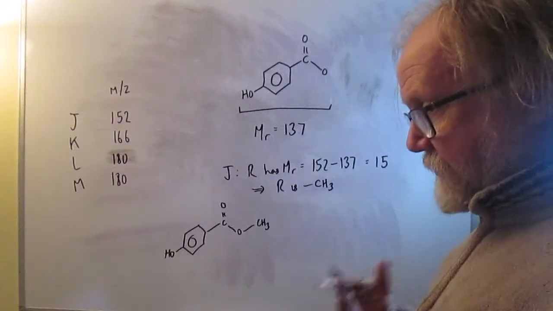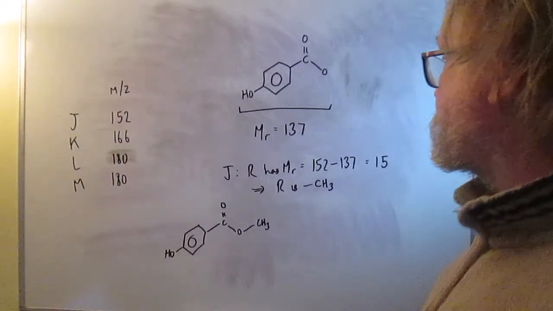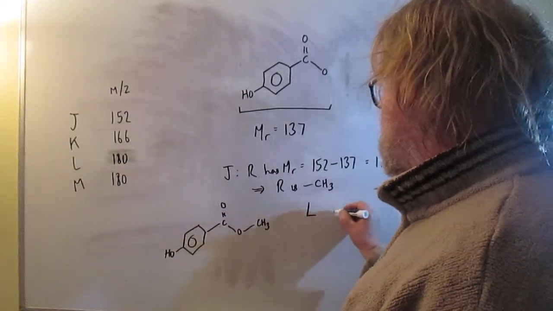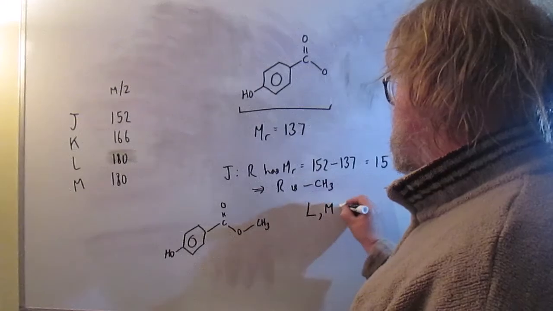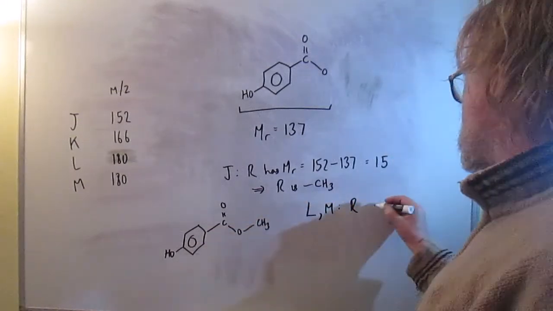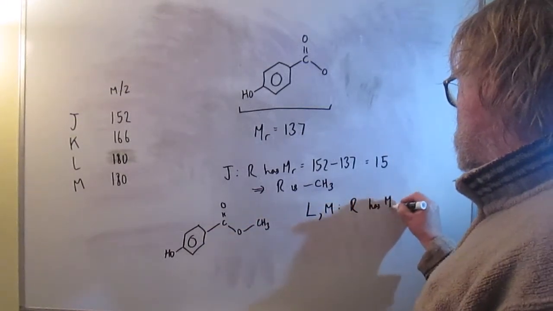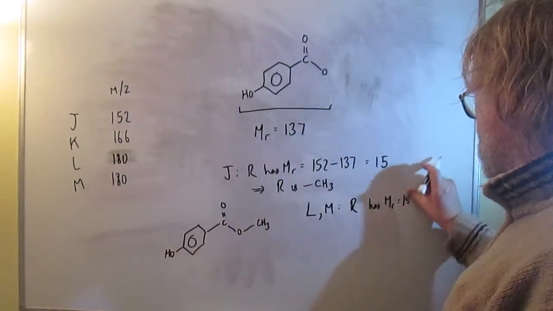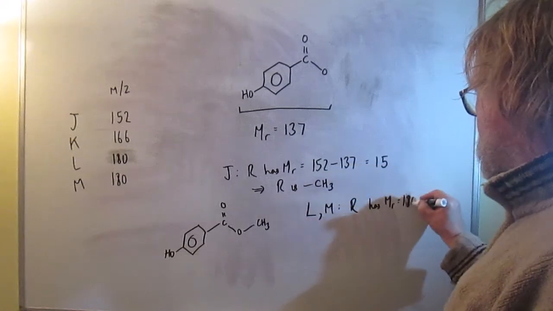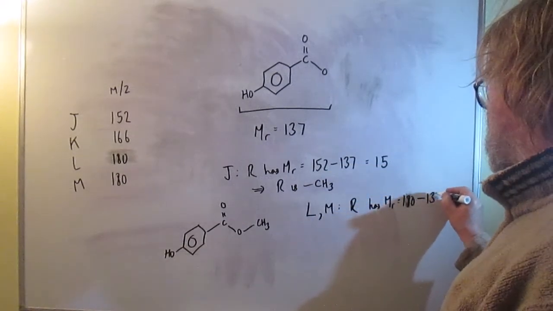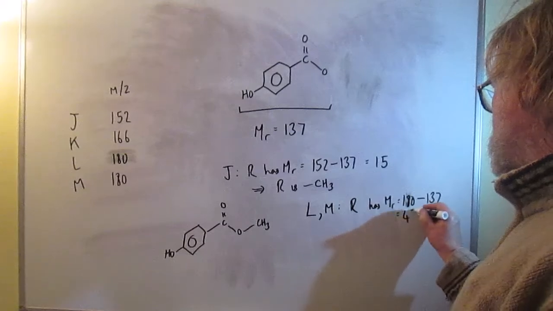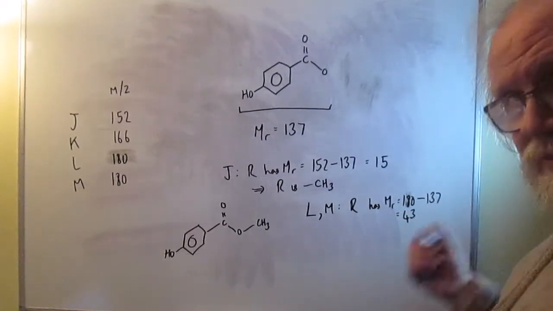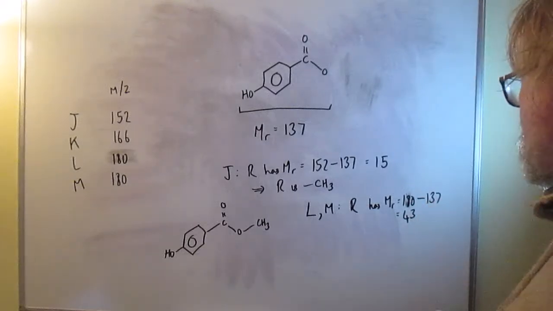Okay, so we can then do the same thing for L and M. So we can say, right, L and M, that R has an MR of, sorry, not 152, 180 this time, 180 minus 137, which is 43. Now 43, as an alkyl group, equates to 3 carbons and 7 hydrogens.